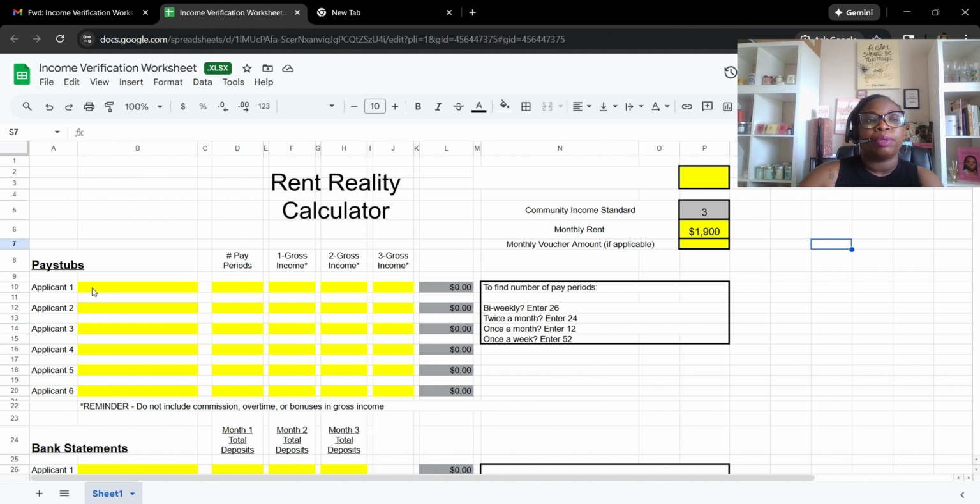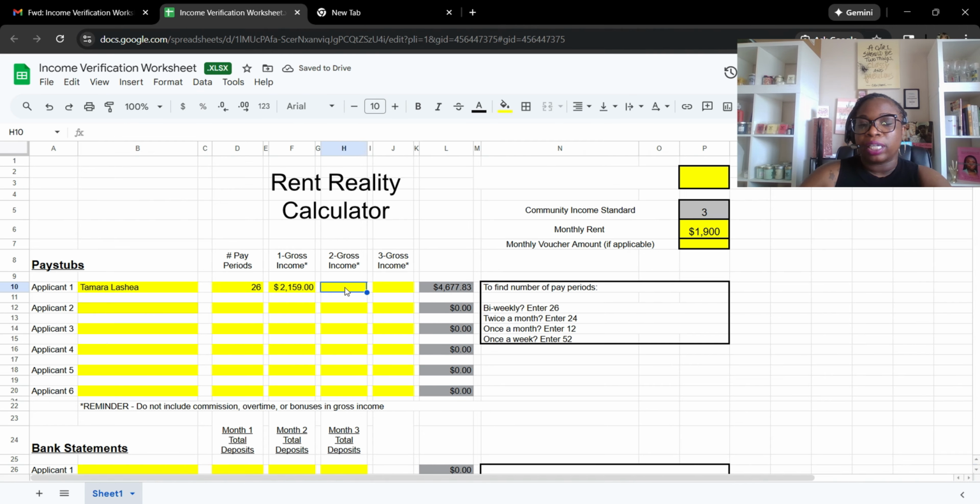So for the sake of this example, I'm going to say I get paid bi-weekly, 26. I'm looking at my paycheck stubs and I can see that my gross income on that paycheck stub is 2159.